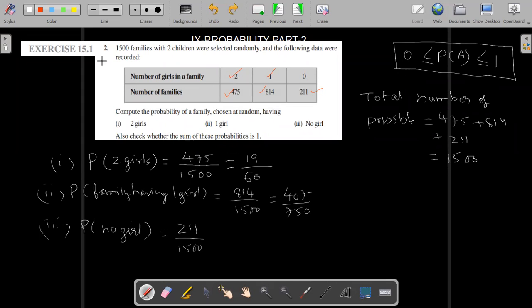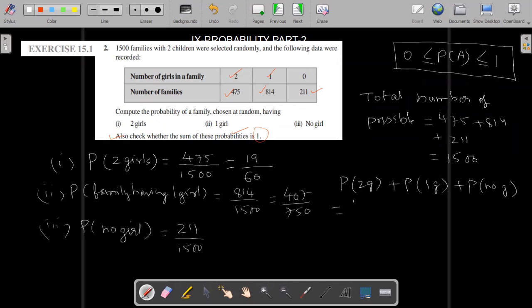In the next part they ask to also check whether the sum of these probabilities is 1 or not. Always, this all will be equal to 1. So the sum of the probabilities means probability of 2 girls plus probability of the families having 1 girl child, and probability of families with no girl.